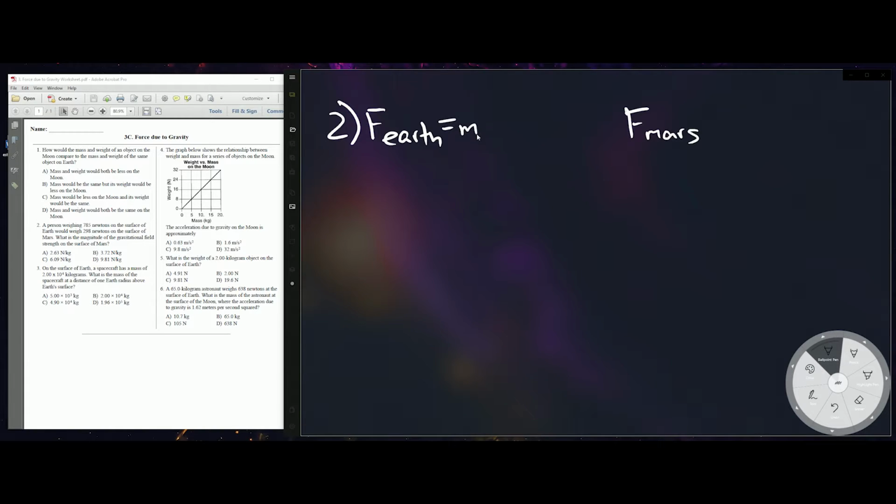F Earth is equal to mass times g Earth. F Mars is equal to mass times g Mars. Since we know that mass is the same, let's solve in terms of mass.